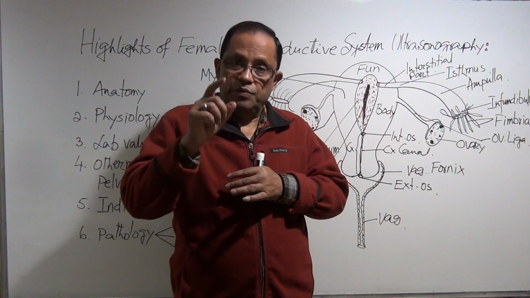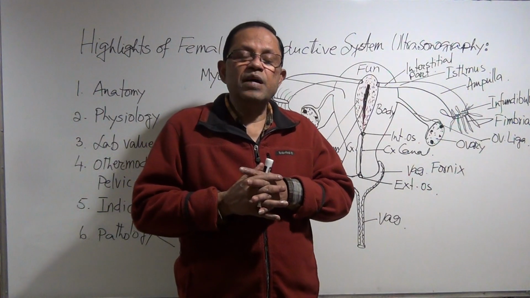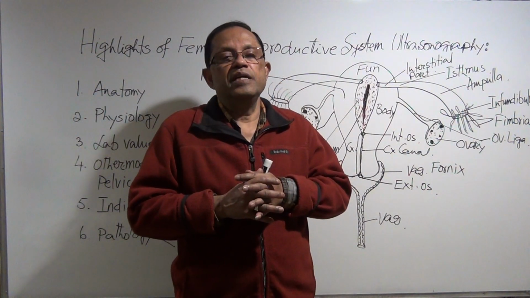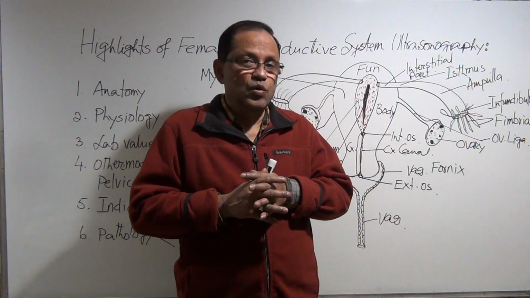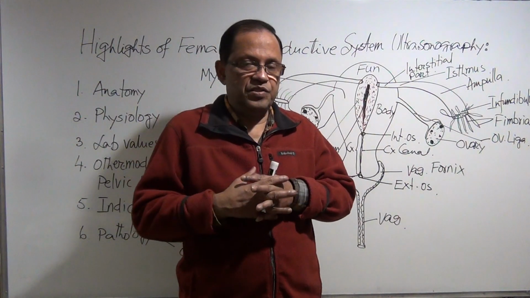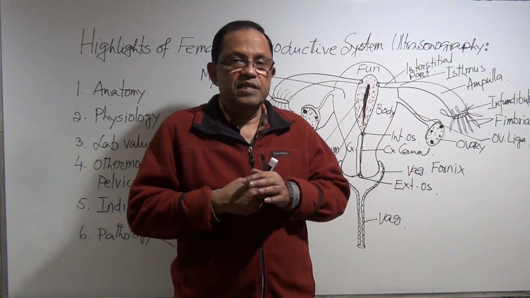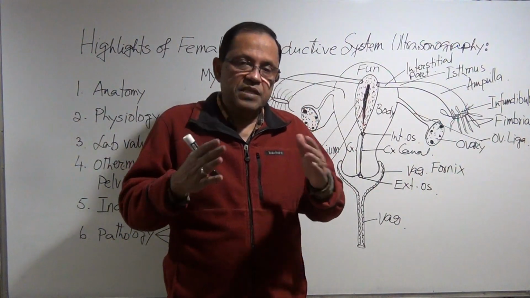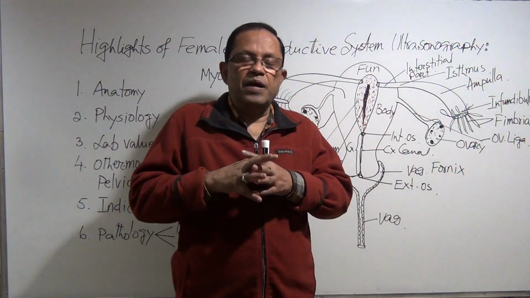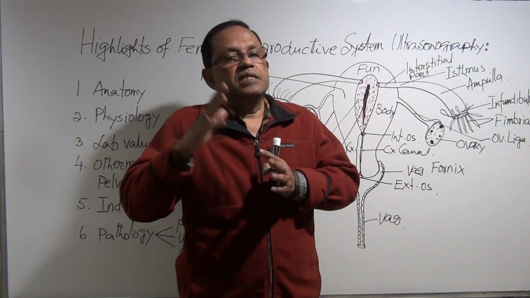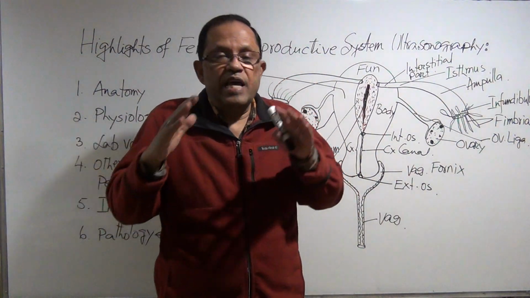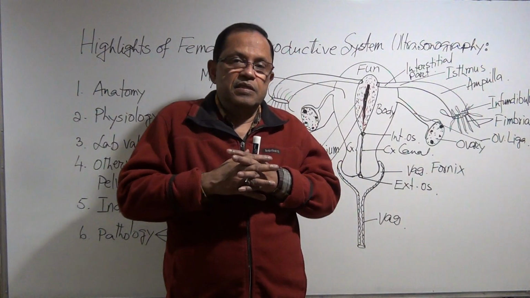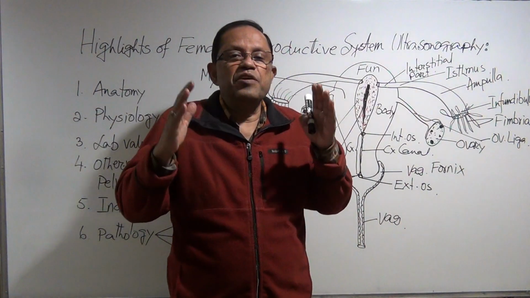Those ligaments usually give the attachment between the bone and the organs. The uterus needs support with the bladder and with the rectum.